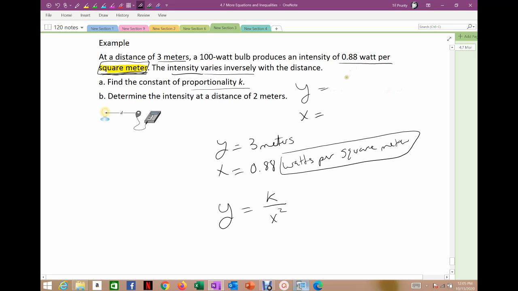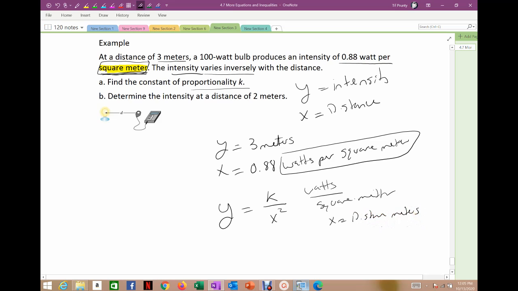Intensity varies, so y is the intensity, x is the distance. So when I set it up, my y value equals my watts per square meter. X is my meters, my distance, which is my meters. All right, so now I've got it set up right.